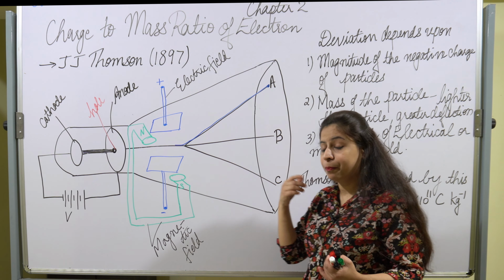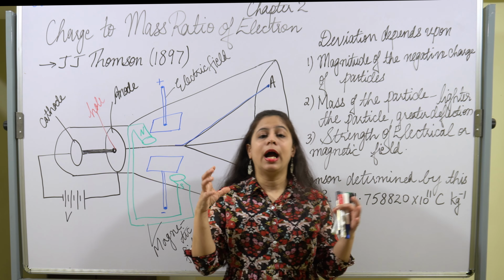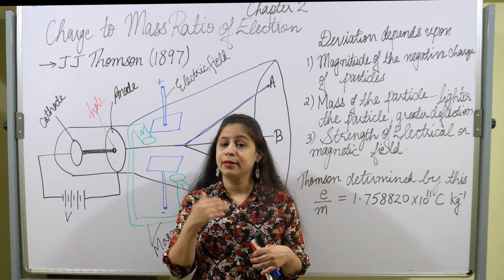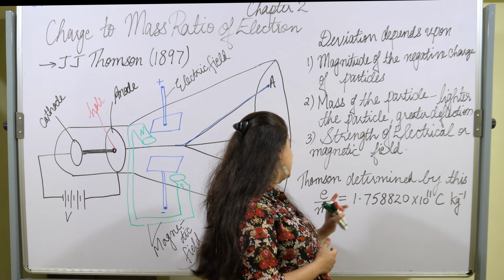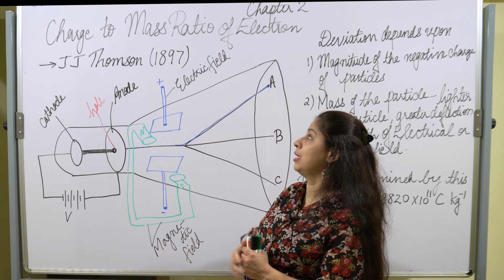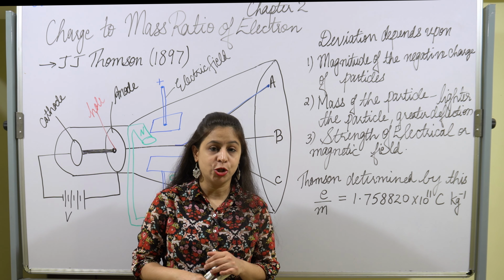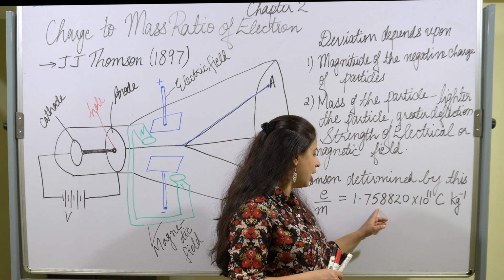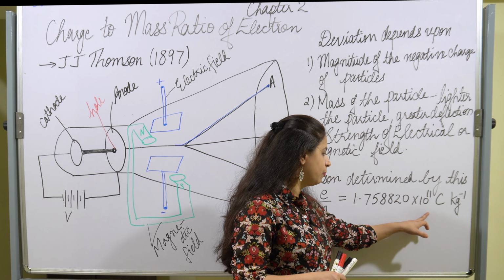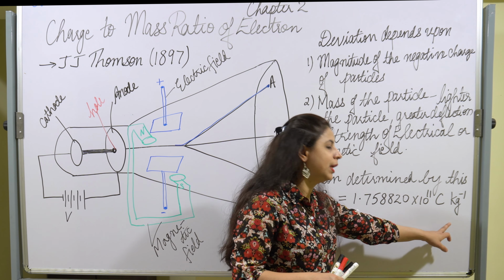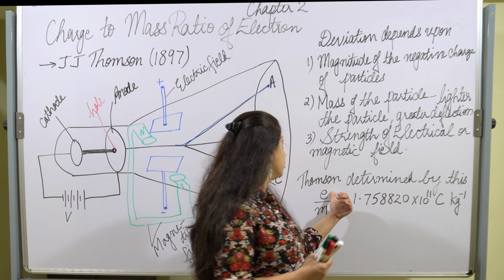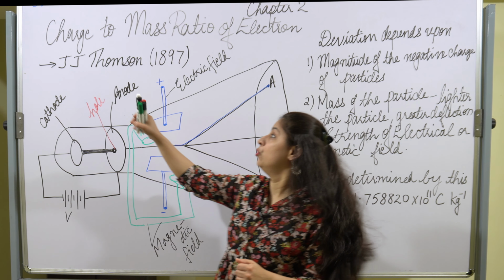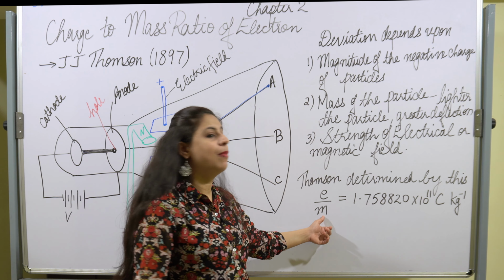And after calculating all the things and keeping in mind all the observations, he made a rough idea, and that came out to be the e by m ratio, which is the charge to mass ratio. That charge to mass ratio he had given as 1.758820 into 10 power 11 coulomb per kg, because the unit of charge is coulomb, and the unit of mass is kg.